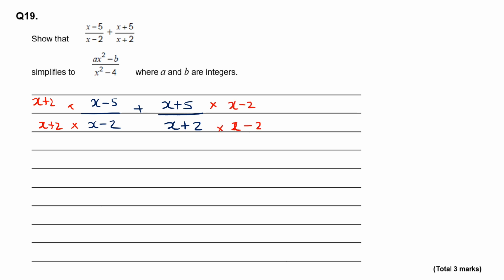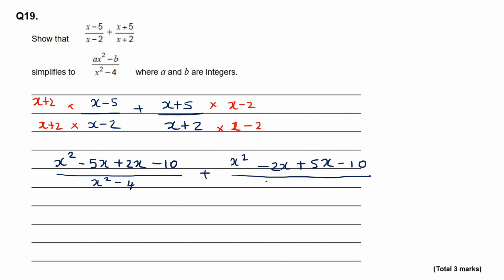So when I expand these, with this side, we get x squared minus 5x plus 2x minus 10 out of x squared minus 4, plus x squared minus 2x plus 5x minus 10. So x squared minus 4 is a simplified version of this because I can see that it's the difference of two squares.